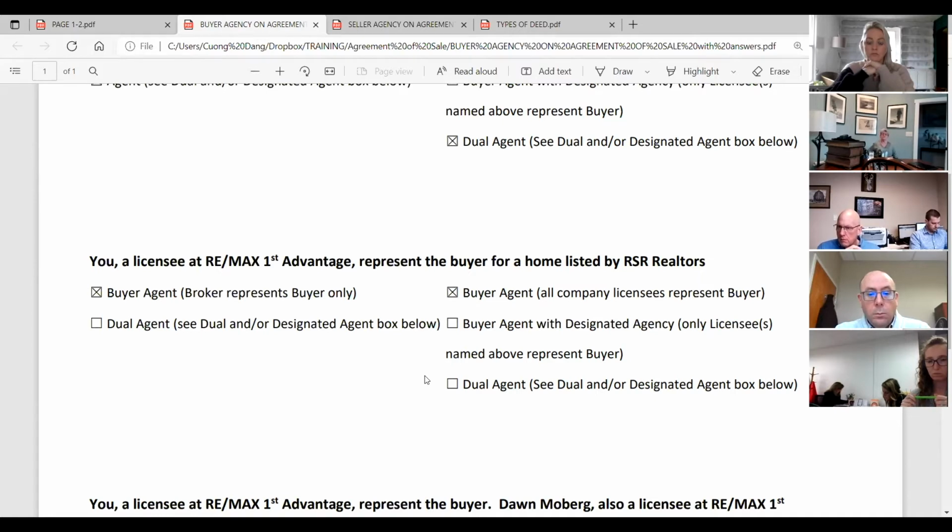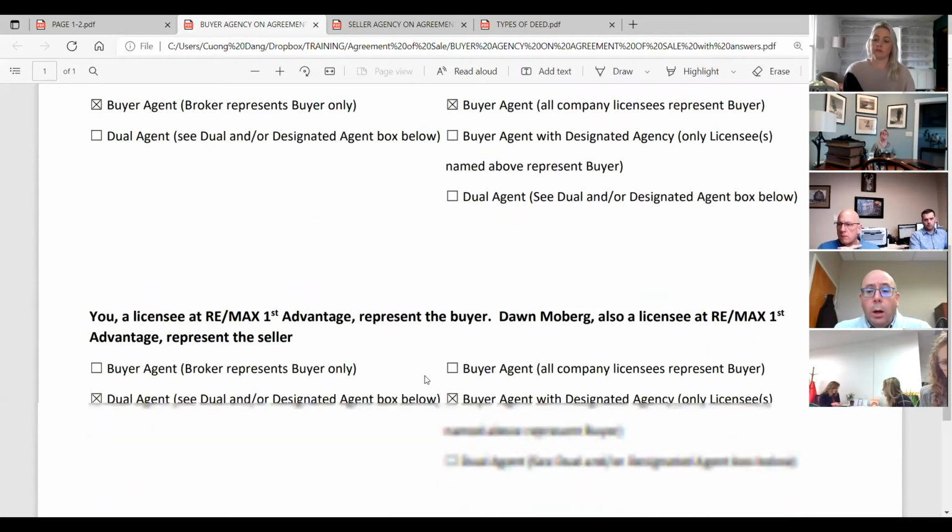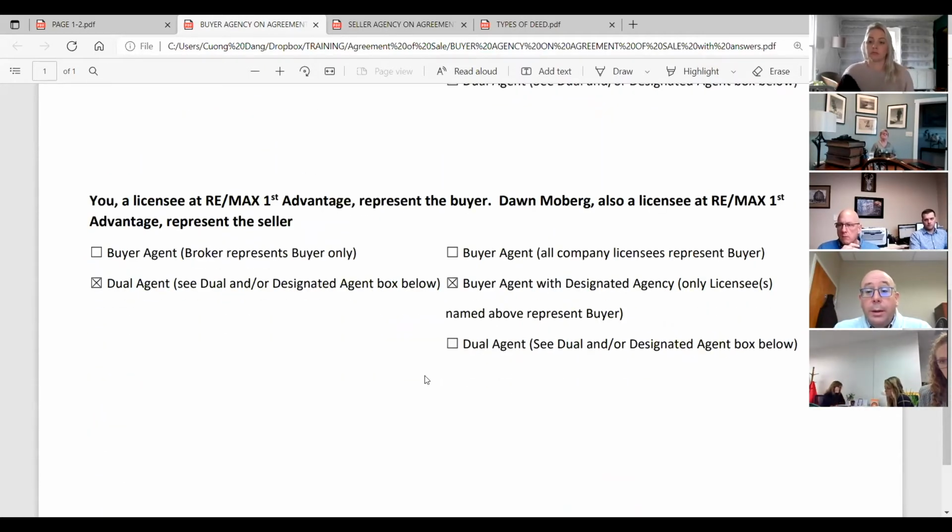On the left side, RE/MAX First Advantage is representing as a buyer agent. And you, as the licensee on the right side, are representing the buyer as a buyer agent, where all company licensees can represent the buyer. A lot of people do that wrong all the time, where they put designated.